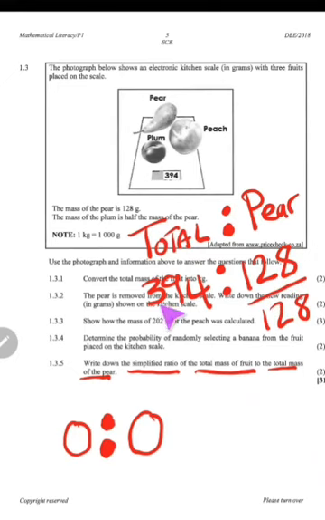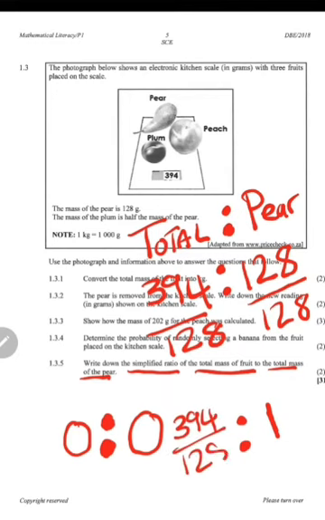So I can't just divide here and not divide here. Because I've divided by 128, I must also divide by 128 on this side. If I divide 128 by 128, I would get 1 over something. Once again, I will leave it to you to get the answer from your calculator. So this would be my simplified ratio: 1 to another mass. That is my simplified version. I need to get one side as 1.